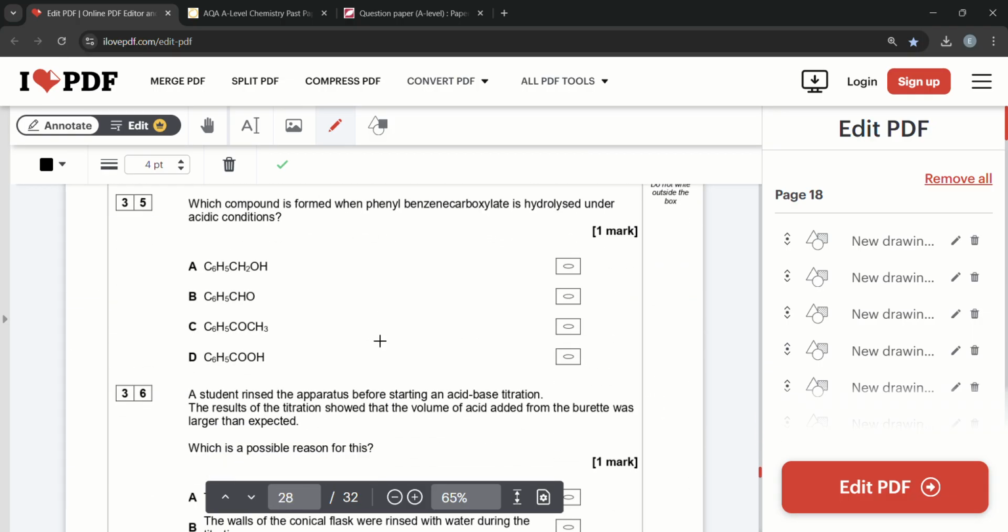35. Which compounds form when phenyl benzene carboxylate is hydrolyzed under acidic conditions? Phenyl benzene carboxylate.